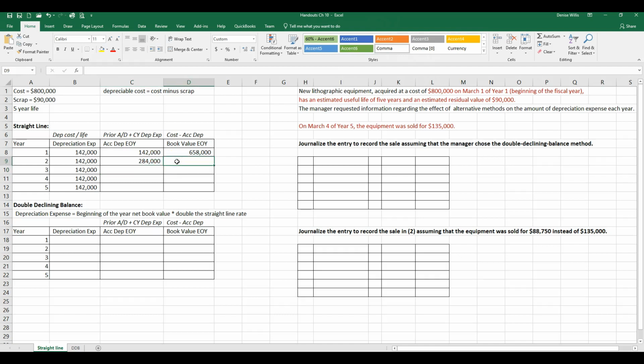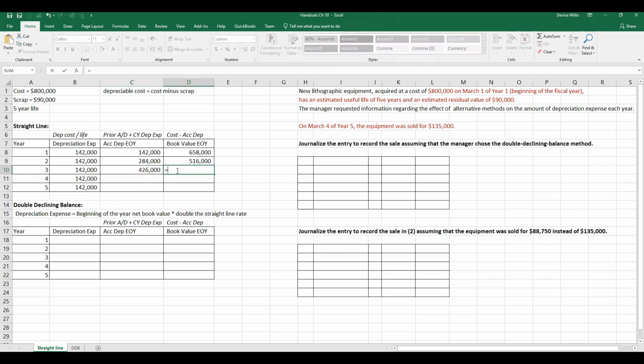Okay, and we're going to do the same thing here. This is going to be the cost minus this number right here. Okay, so now our book value is $516,000. We're going to just continue doing the same. This right here equals the prior year amount plus the current year amount.